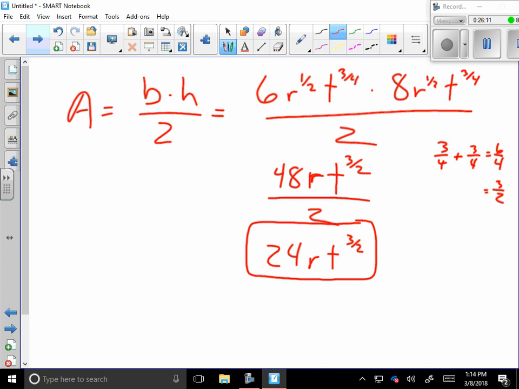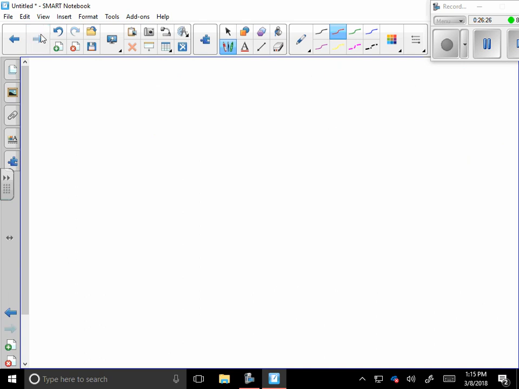And then the radius of the sphere. A sphere has a volume of 66 cubic centimeters. What's the radius? Okay, 3 times the volume of 66 over 4 pi.